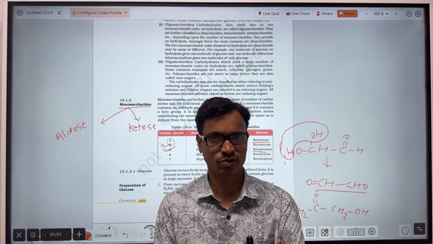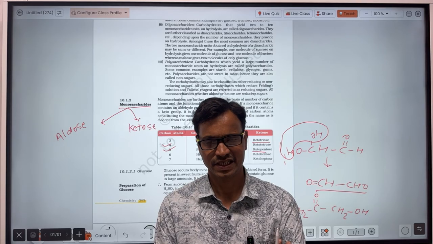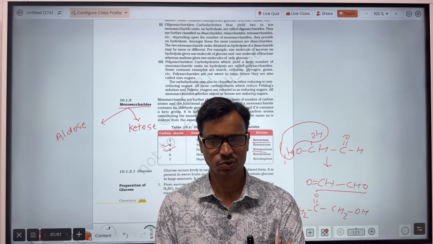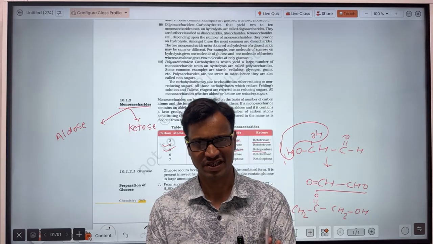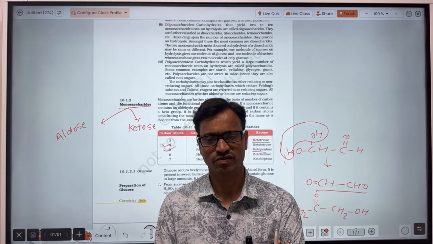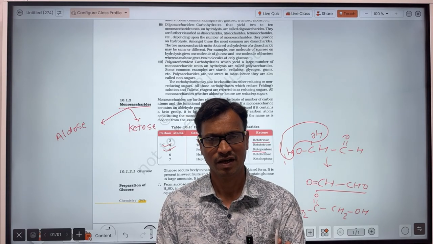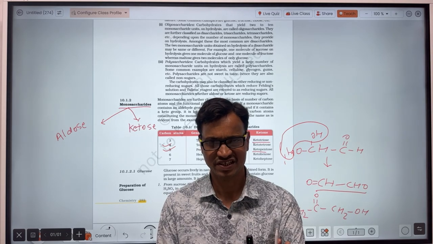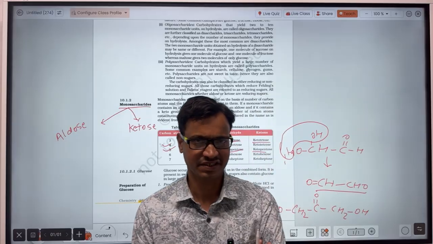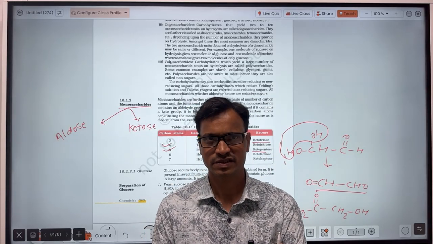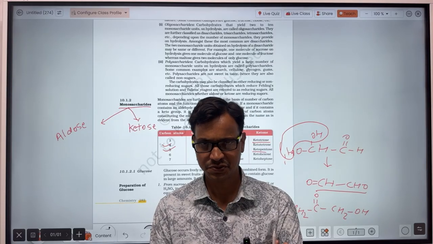So when an oligosaccharide is hydrolyzed, 2 to 10 monosaccharide units are formed, and when a polysaccharide is hydrolyzed, a large number of monosaccharide units are formed. Clear? Now this class of carbohydrate is also further classified into reducing sugar and non-reducing sugar.